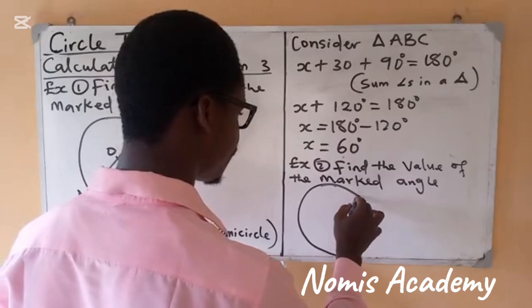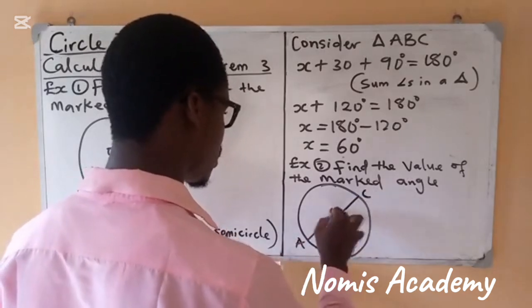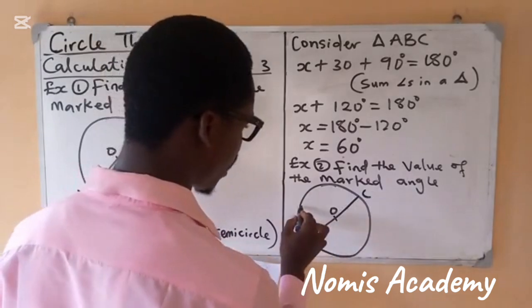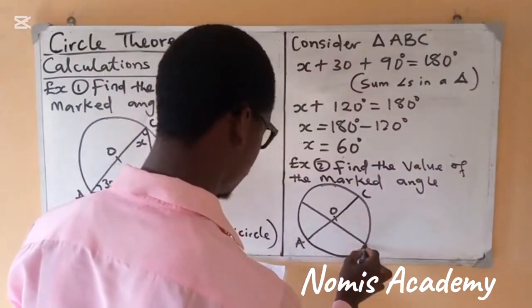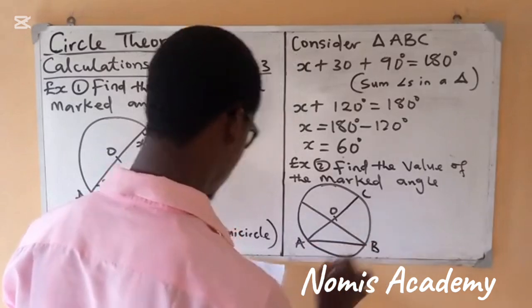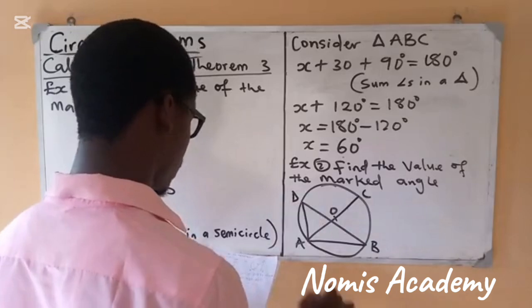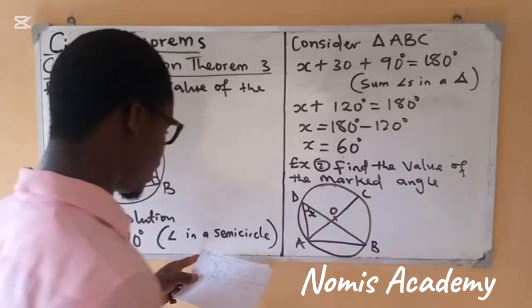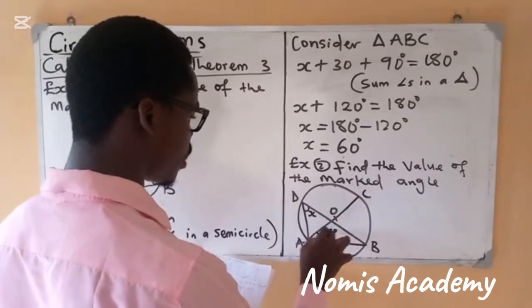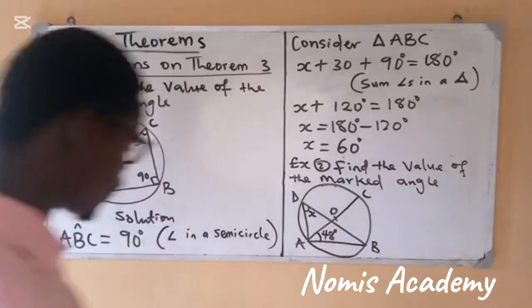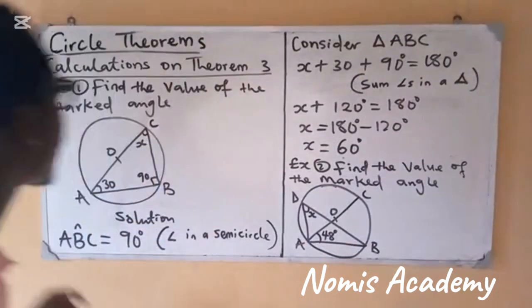We have AC with center O. We have angle B at this point, and then we have another angle here which is called D. Angle at D is X, angle at A is 48 degrees, and then we are asked to find the marked angle.